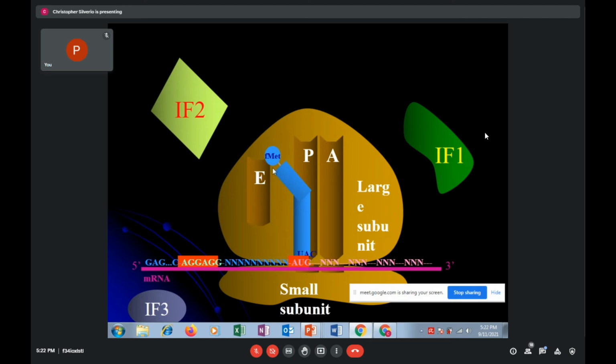And so it will go from here to the exit site, and then it will be released. And then after that, it will again look for another amino acid that it can carry.